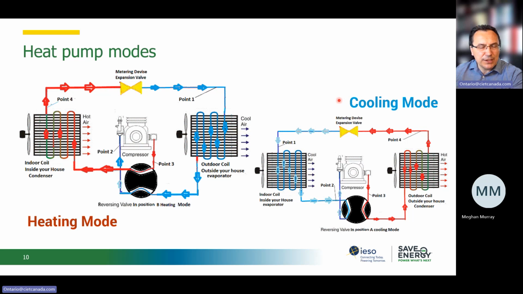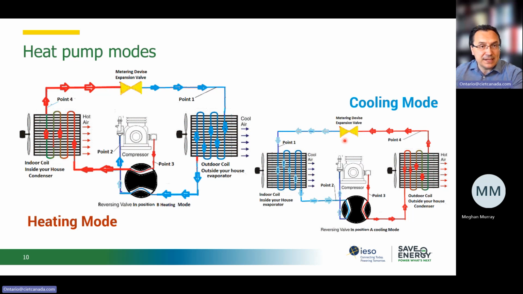And I'm going to refer to cooling mode first, because that's how we have seen this system operating in our buildings for quite a while. And then we have 2 components that control the flow of refrigerant in this loop. So we have a compressor, and we have an expansion valve, a metering device that controls how much refrigerant passes through.